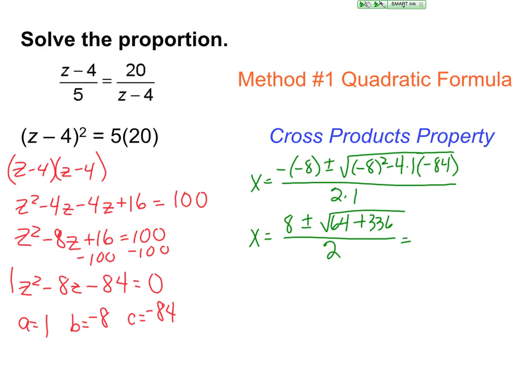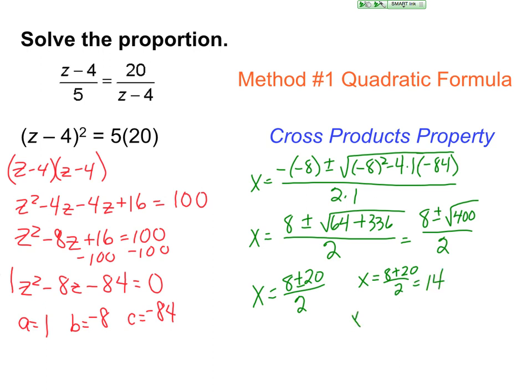And so when you added, that was 400. Square root of 400 is 20. So it should have been 8 plus 20 divided by 2 and 8 minus 20 divided by 2. So 28 divided by 2, one answer was 14. 8 minus 20 was negative 12 divided by 2, negative 6.